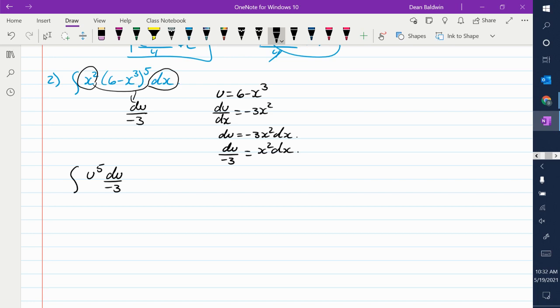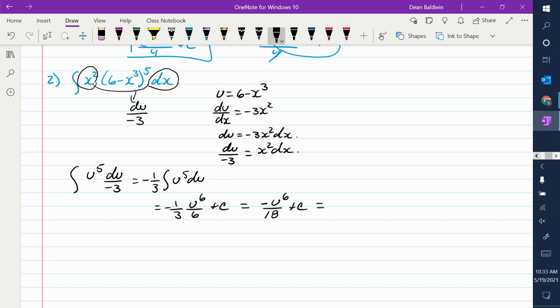Okay, how do I solve this now? What can I pull out of the integral? Yeah, -1/3. So we pull out a -1/3. And then we're just dealing with u to the 5 du. Which is what? What's the antiderivative of that? U to the 6 over 6 plus c, which is -u to the 6 over 18 plus c.